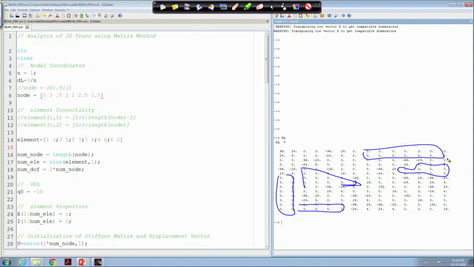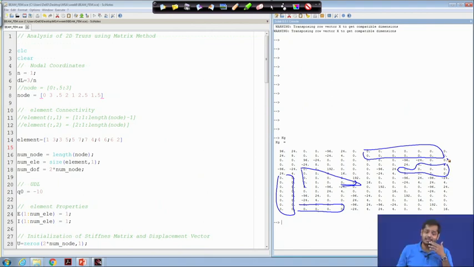So, discretization does not just mean that you have a structure and divide it into parts. How you divide it into parts and how you number them significantly affects the intensiveness of the computation, how many numerical operations you have to perform.